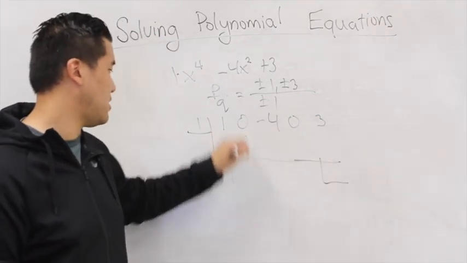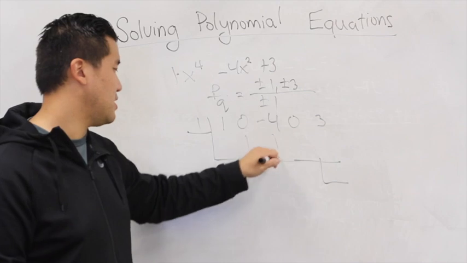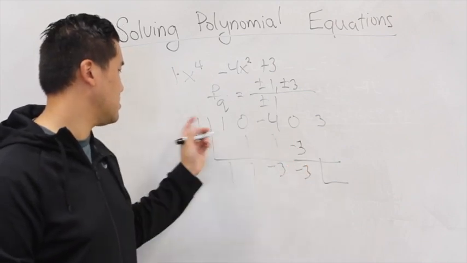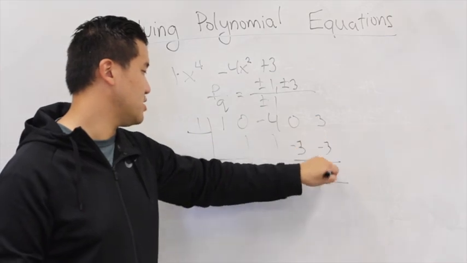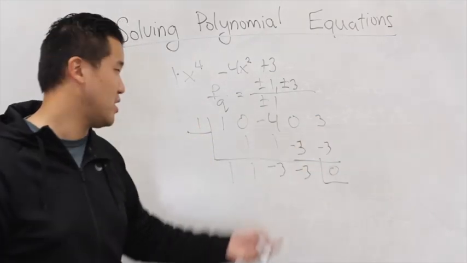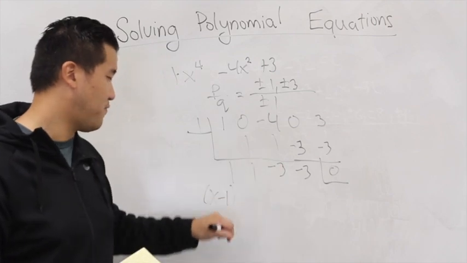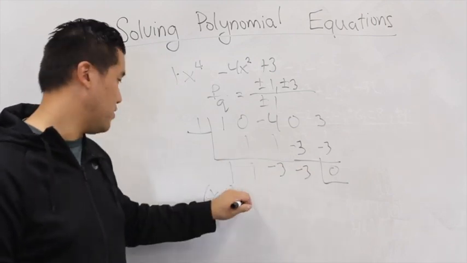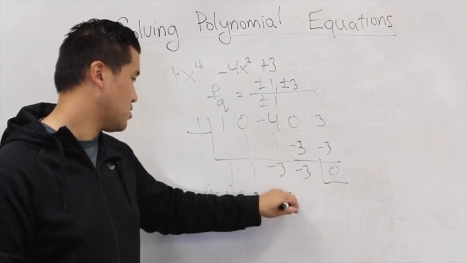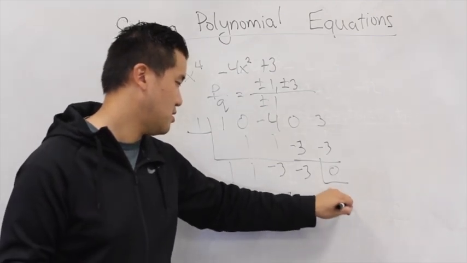Drop the 1, multiply, add, multiply, add, multiply, add, multiply, add, you get 0 there, which is good, because that means what? 1 is an x-intercept, that means x minus 1 is a factor. This is what's left over, these are your coefficients. So it's x cubed, x squared, x, nothing there.